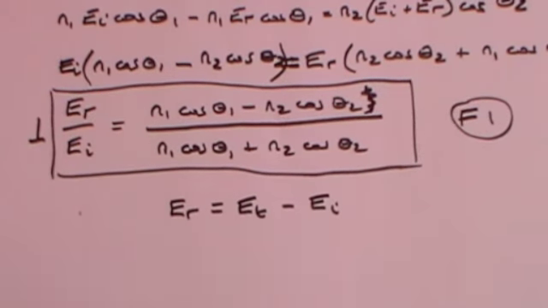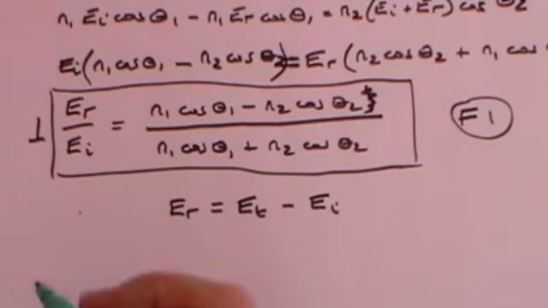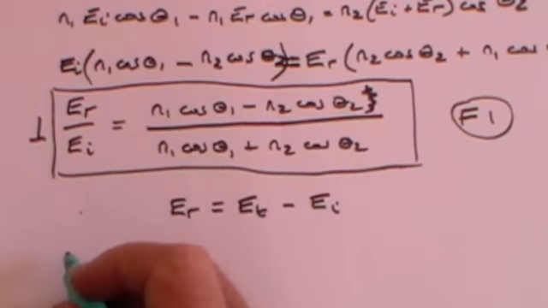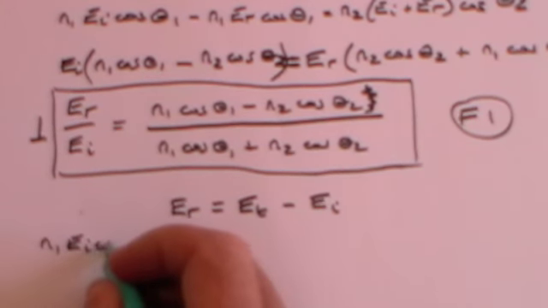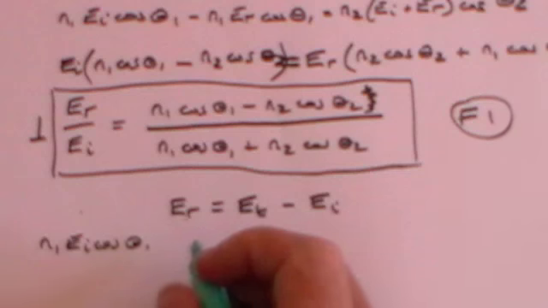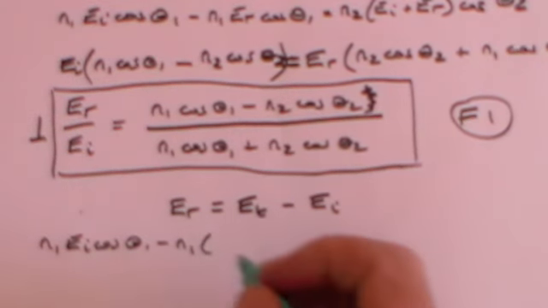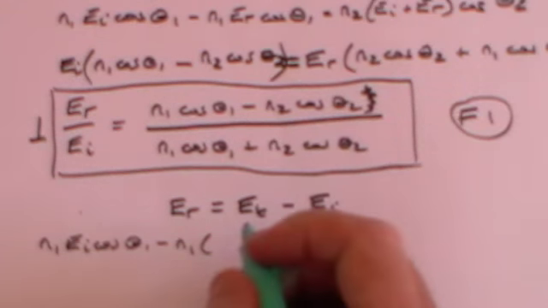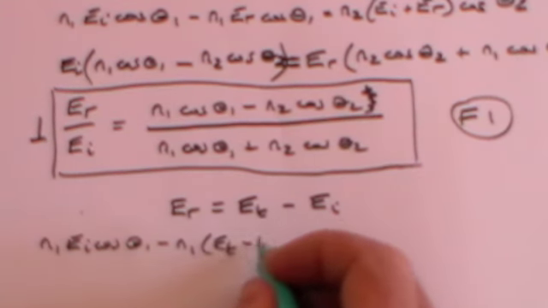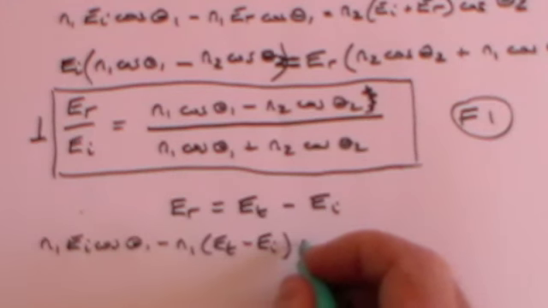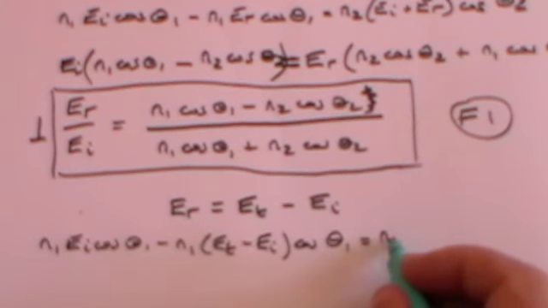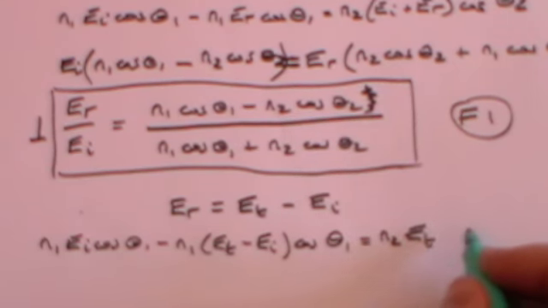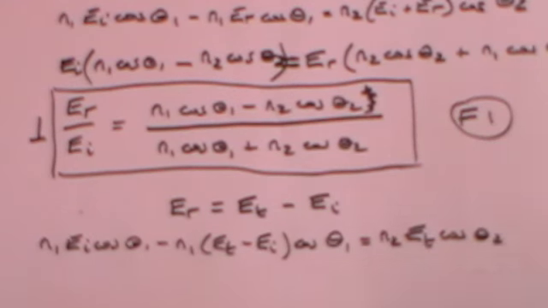So unfortunately you can't see it, but I hope that you'll be able to remember that the formula therefore becomes N1 times EI times the cosine of theta 1 minus N1 into ER, but for ER we're going to put ET minus EI times the cosine of theta 1, is equal to N2 times ET times the cosine of theta 2.